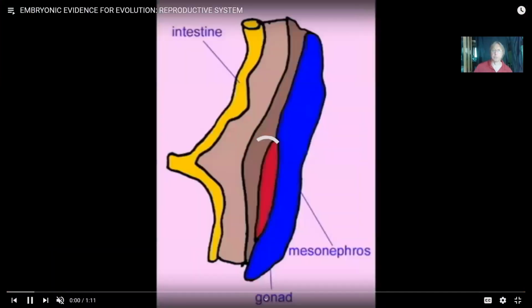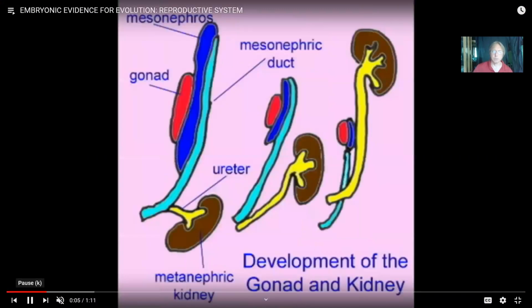I'm going to go through some slides, but this is important. You might say, well, why? Who cares in essence? And the reason that we do is that mistakes in embryonic development can lead to birth defects and to miscarriages.